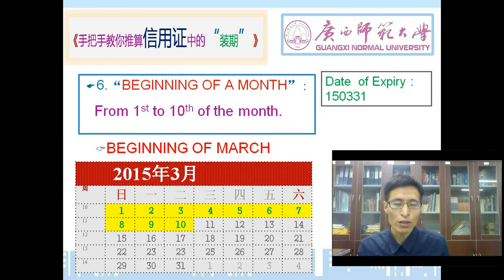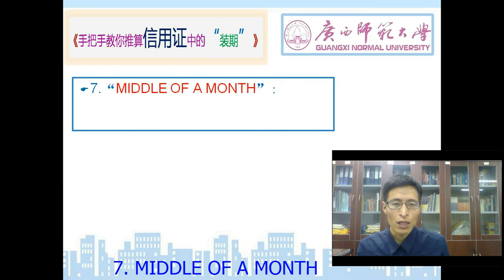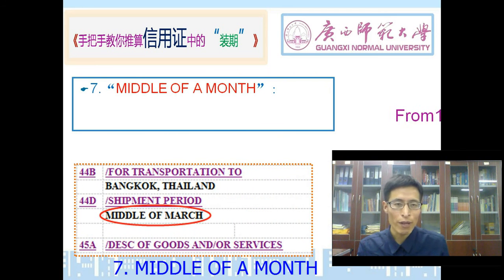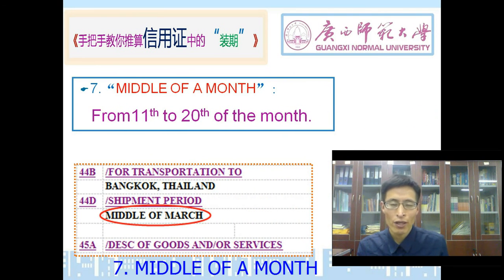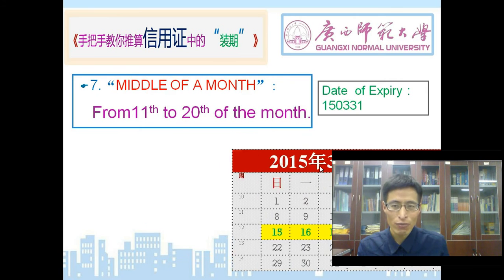And let's go on to learn the seventh way of shipment period expression, that is middle of a month. You have to remember that the period of time is from 11th to 20th of the month. And also look at the letter of credit. We take middle of March as an example and use the calendar to illustrate the principle of this expression.